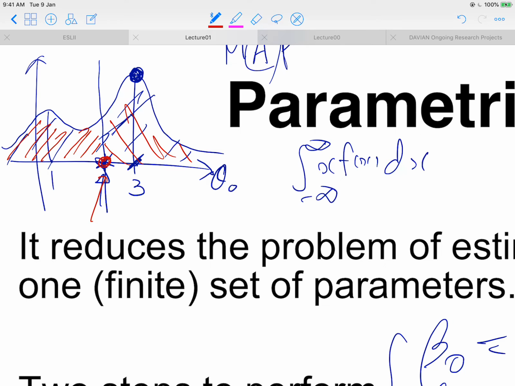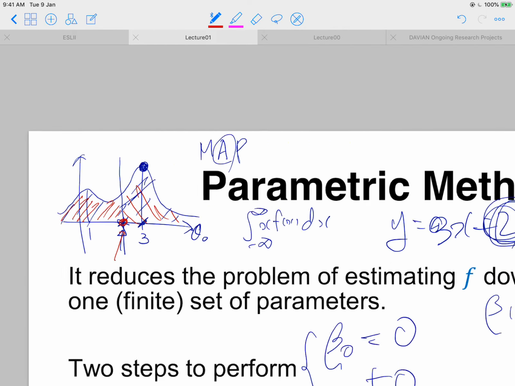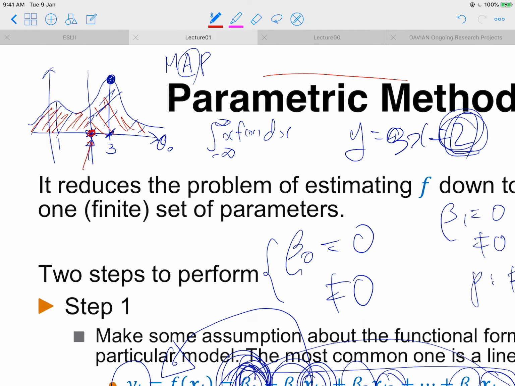So if it is a kind of discrete value, for example, if our random variable for our parameter is actually some discrete value, although it is not practical or common.